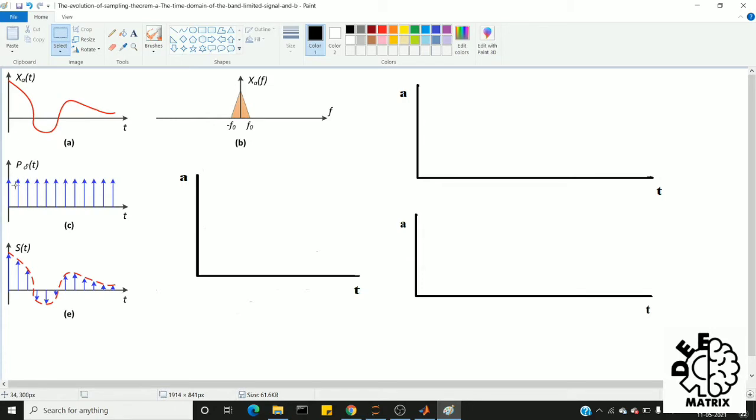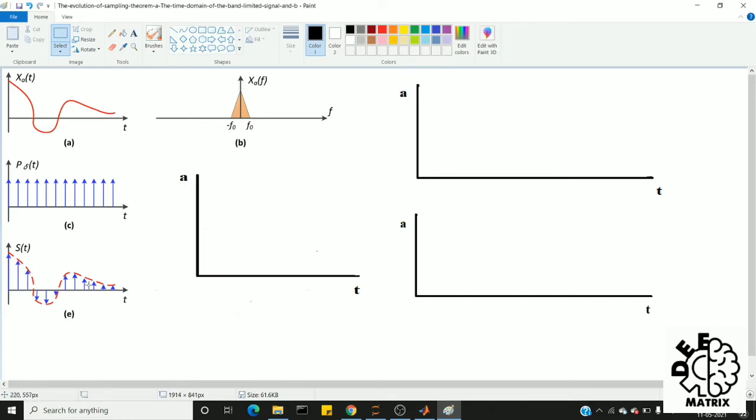It contains arrows which are moving towards infinity, so the impulse train would look like this when the sampler contains this impulse train. When an input signal is multiplied with the impulse train, we get a signal like these blue arrows. You can see the blue arrows are adjusted to the input signal which we have given.